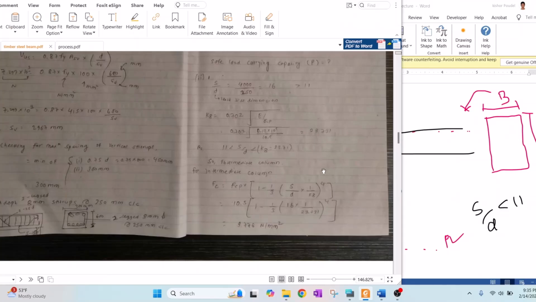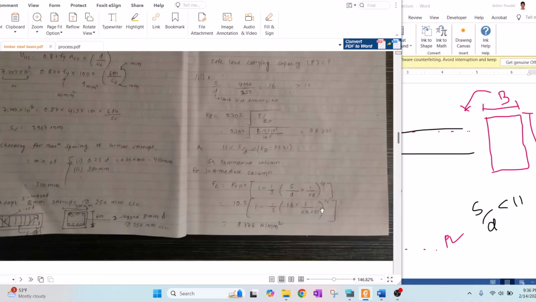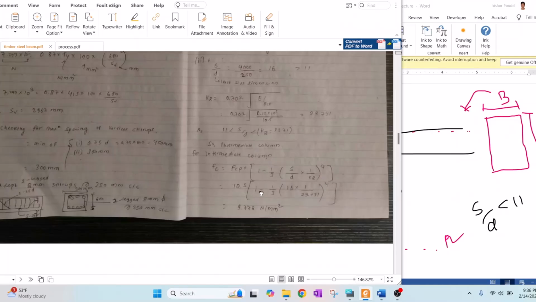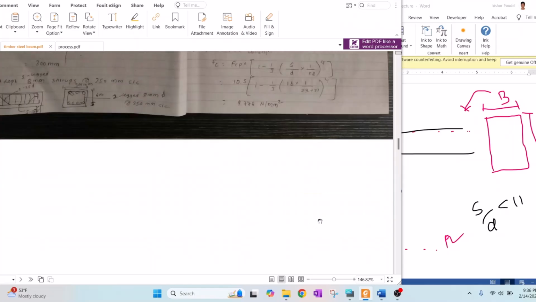We have all the values of the parameters used in this equation, so we can calculate all these things here. The value of fc is 9.776 Newton per mm square.